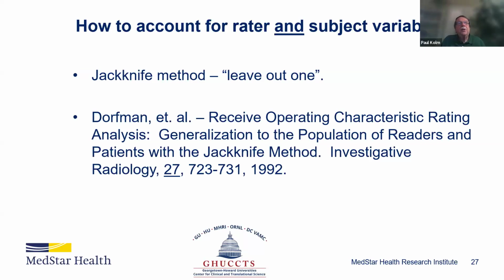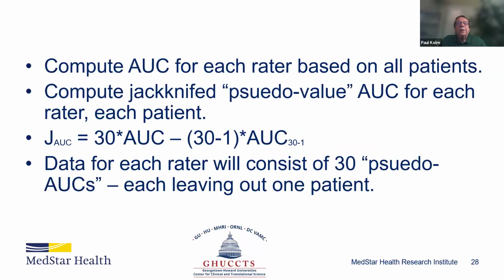When we use the jackknife method, for whatever we do, that means we're going to leave one out, compute our statistic with the other remaining ones, and then do that again, leaving out the second patient in this case, and recompute our area under the curve. What we get then is a jackknife pseudo-value AUC for each rater and each patient.